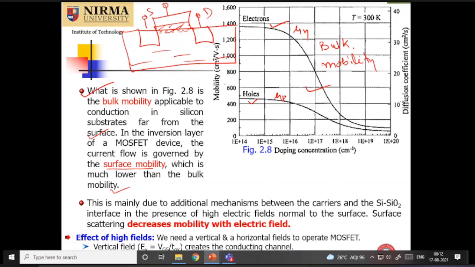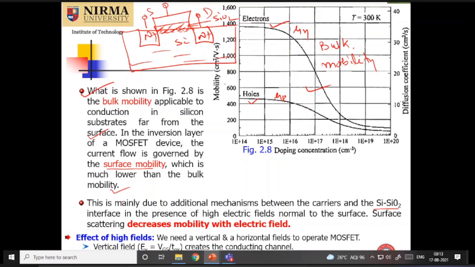This you have to understand. This is mainly due to the additional scattering mechanism between the carriers and the Si-SiO2 interface. Where is the interface? It is talking about this interface. SiO2 is this one, and Si is this one. P-type Si in this case. If I make an NMOSFET, then it is a P-type substrate.